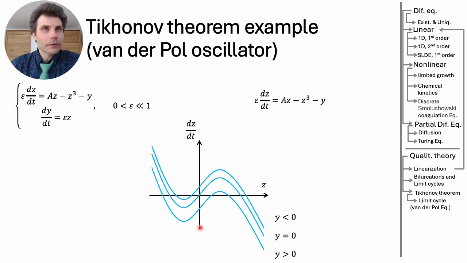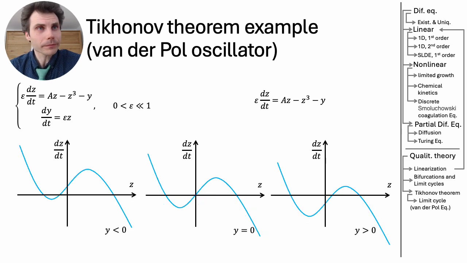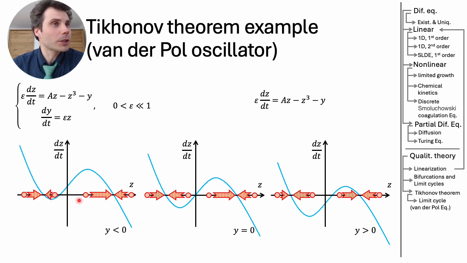Okay, let's now study the kinetics of z at a smaller time scale while y is constant. We use the same tools that we already employed today in the beginning. We first split these three cases into separate graphs. And then, just as before, we notice that there are two stable stationary points and one unstable stationary point.